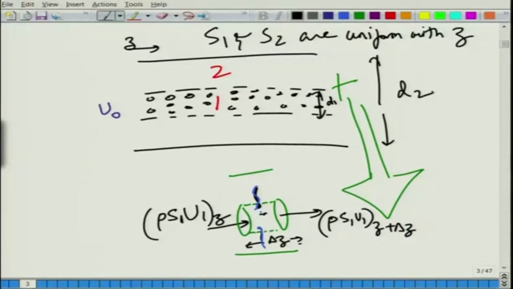The curved surface area is pi d into delta Z. Pi d is the circumference multiplied by delta Z, the elemental length. So this is the area, and rho is the density into u.